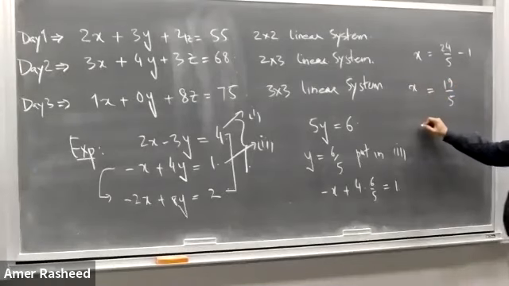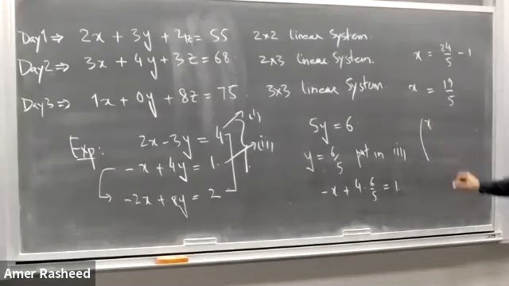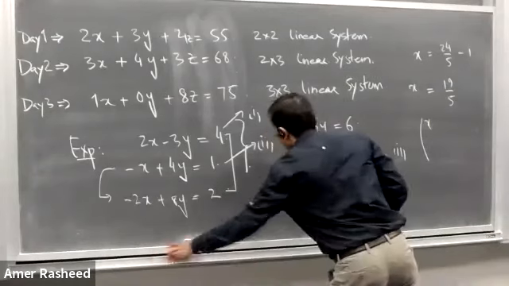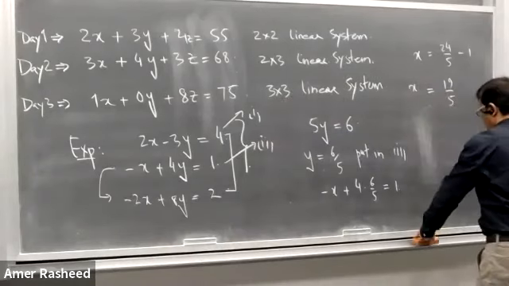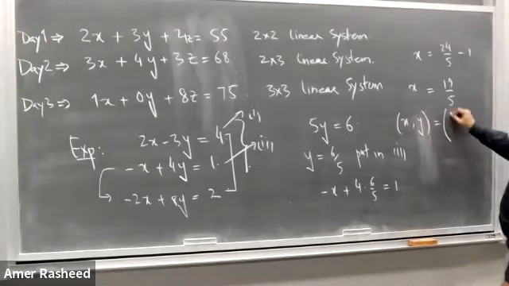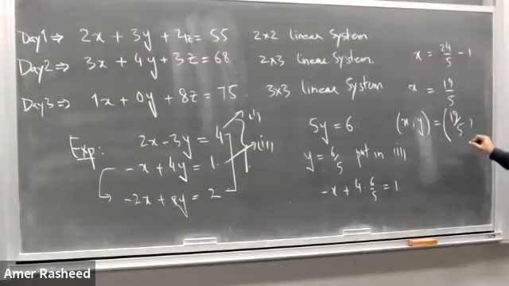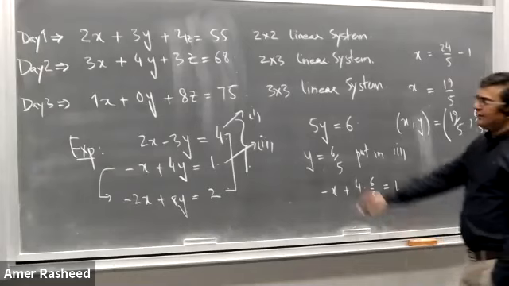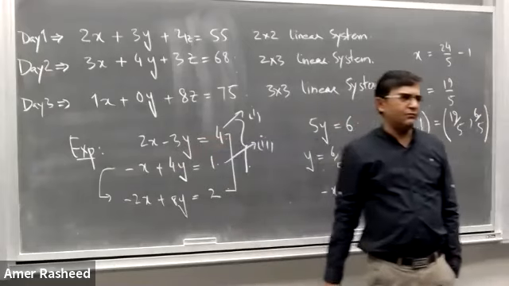Solution means your x and y. The value of x is 19 by 5, and the value of y is 6 by 5. Okay. So this will be the solution of these two linear equations.